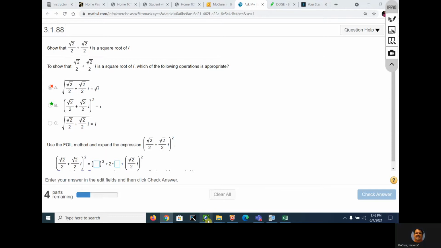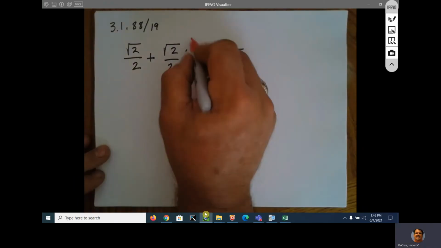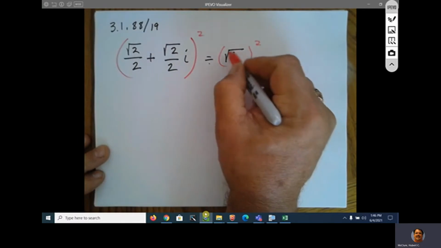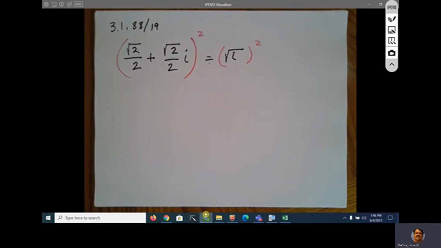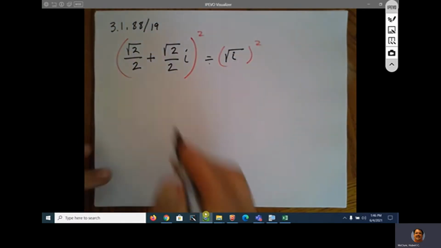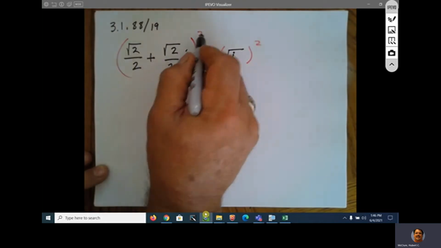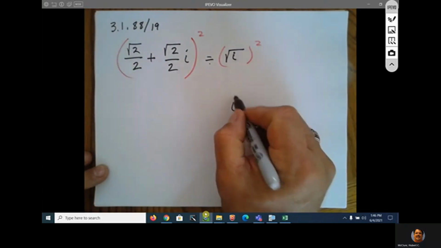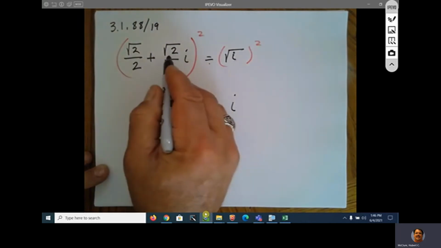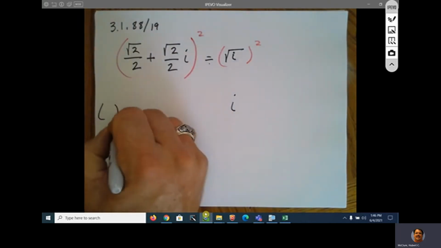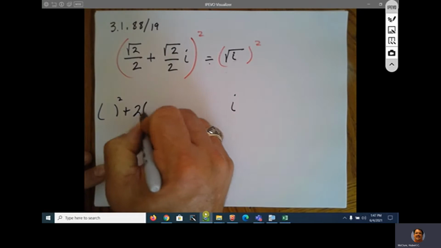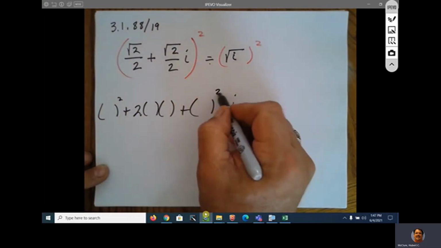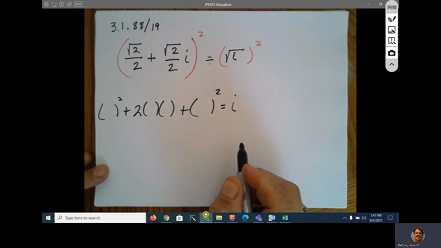So I square both sides to get rid of the radical right here. And that's going to give me a plus b quantity squared is equal to i. And a plus b quantity squared is a squared plus 2ab plus b squared, shortcut number 1.